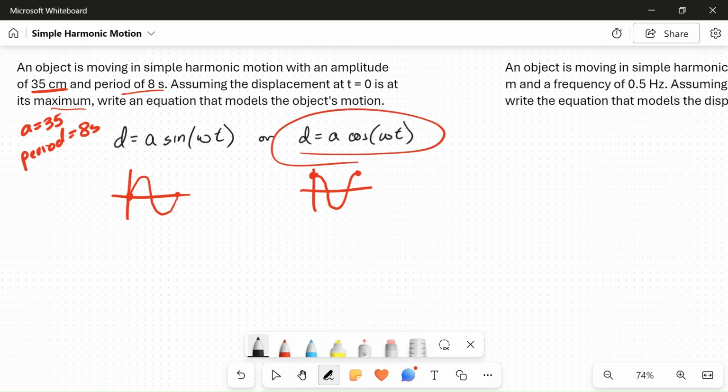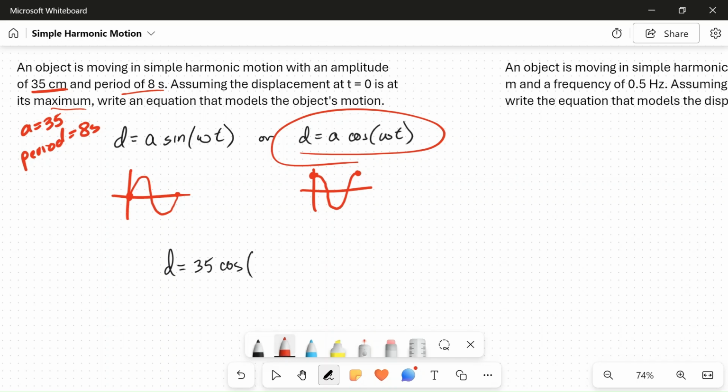To write my formula, d is equal to the amplitude, which is 35 centimeters. We are using cosine because it starts at the maximum. We need to find omega, though. Omega is the same thing as k, and we computed k using 2 pi over the period.